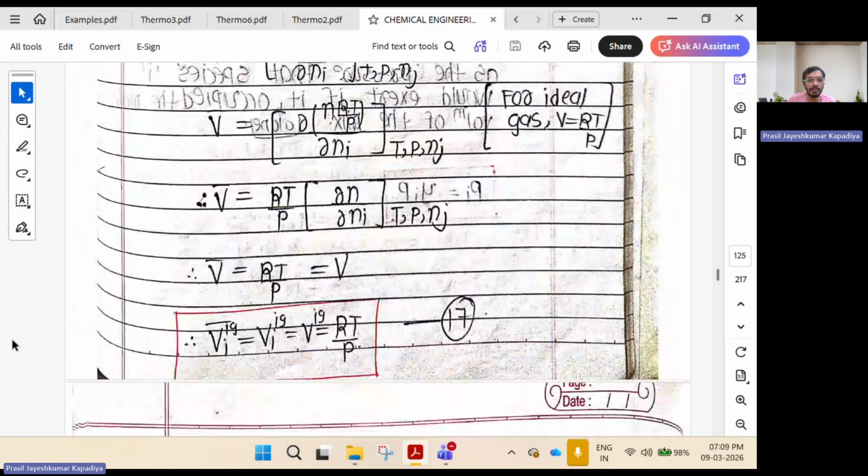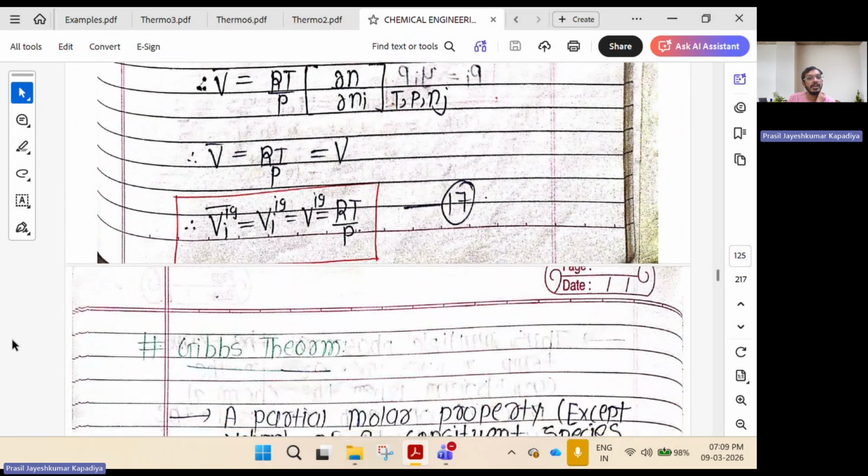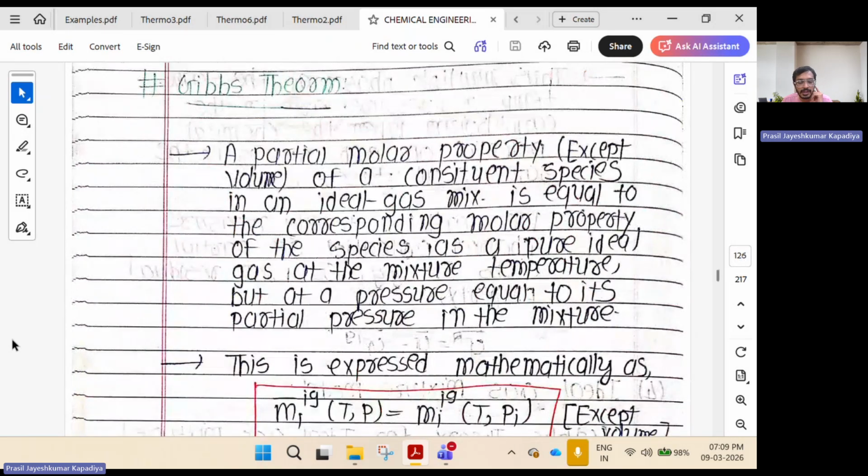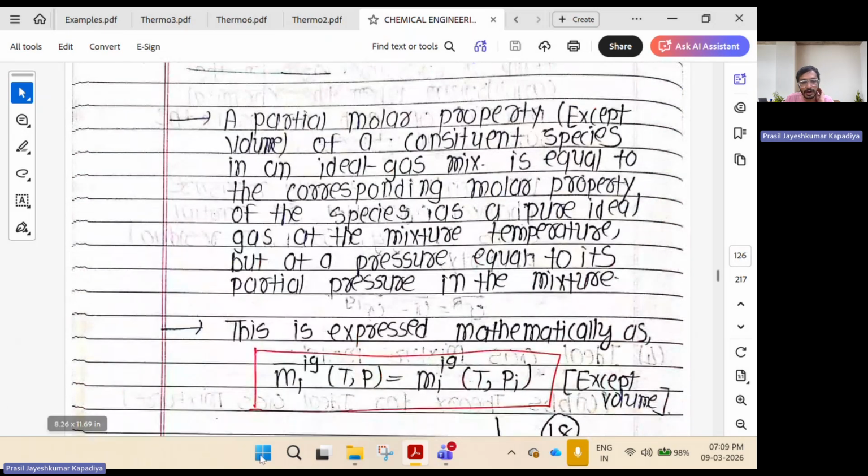So from Gibbs theorem, we found that the partial molar volume of component i for an ideal gas mixture is equal to its pure component volume Vi ig, that is equal to RT by P. Then we wrote the Gibbs theorem, which in words is very difficult to understand, but in mathematical form it is easy to understand. Let's try to see this once again.